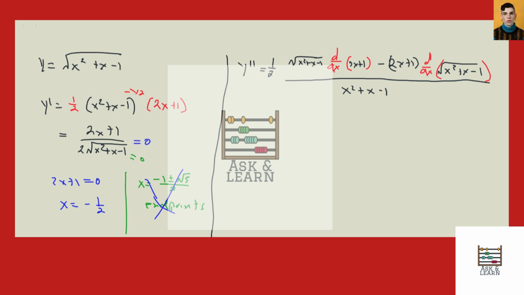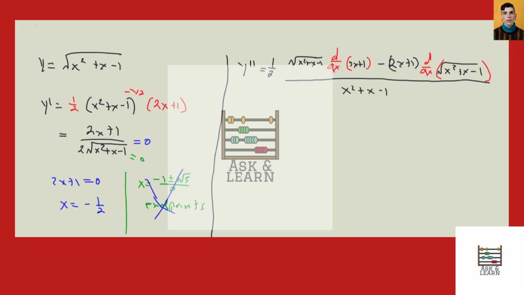When we square that, we should actually have absolute value in the denominator, since the square root is always positive. But on our domain, this value will always be bigger than or equal to 0, so we can just ignore the absolute values in this case.